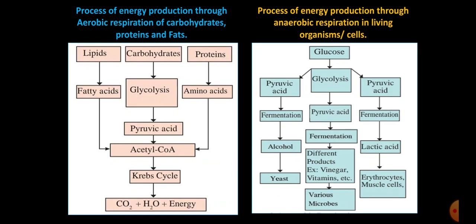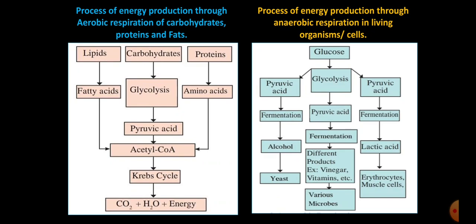And then when lipids, carbohydrates, proteins, all three are converted into acetyl coenzyme A, they further move to the Krebs cycle. Now from where has this Krebs cycle come, right? It is nothing but the tricarboxylic acid cycle. So the other name for the tricarboxylic acid cycle is Krebs cycle, because it was first discovered by the scientist Krebs, right?